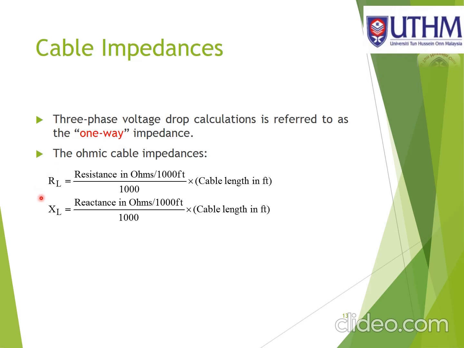RL is equal to resistance in ohm per 1000 feet divided by 1000 times cable length in feet, and XL is equal to reactance in ohm per 1000 feet divided by 1000 times length in feet. This one I already explained in example 1.